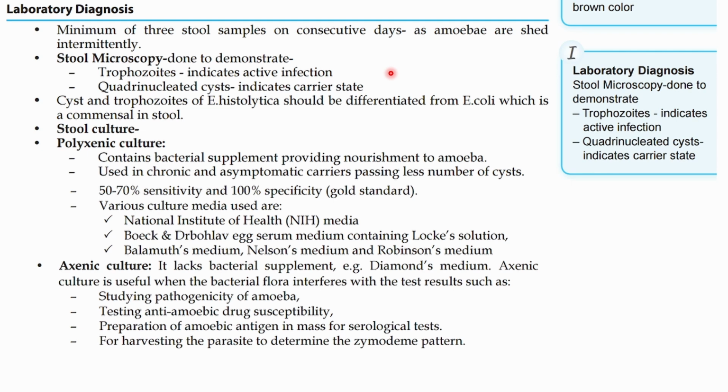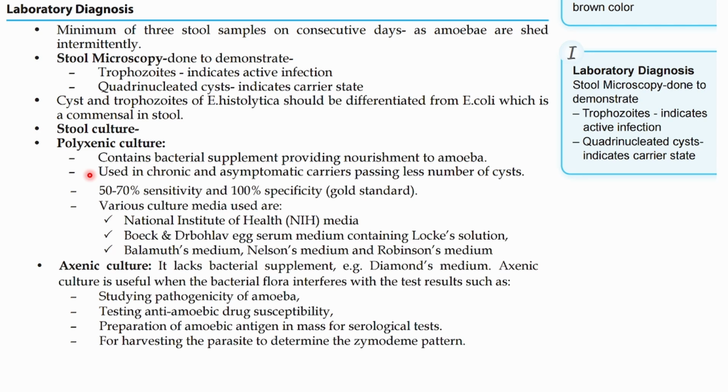It mimics the natural environment for the organism we need to grow. The amoeba grow well in the presence of other organisms, as the medium contains bacterial supplements which provide nourishment to the amoeba. Hence it is called polyxenic: multiple other organisms are present along with the target organism.